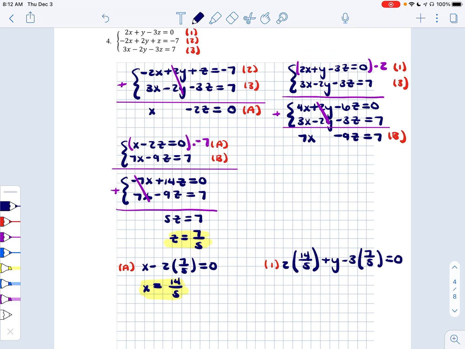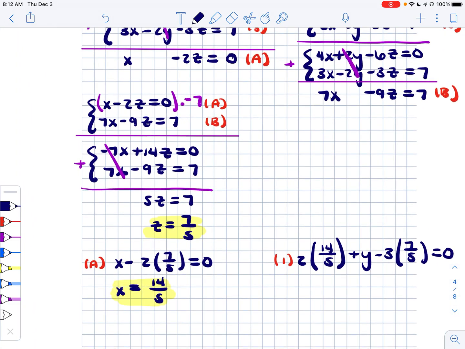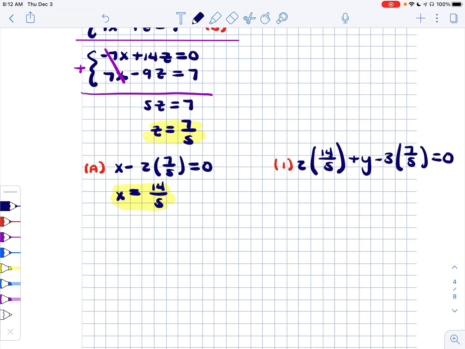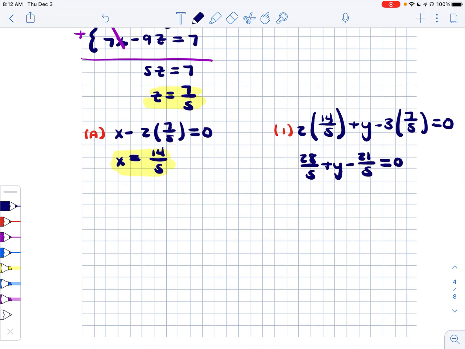Now we're just going to solve this out. We would have 28 over 5 plus y minus 21 over 5 is equal to 0. Combining our like terms, we have 7 over 5 plus y is equal to 0.